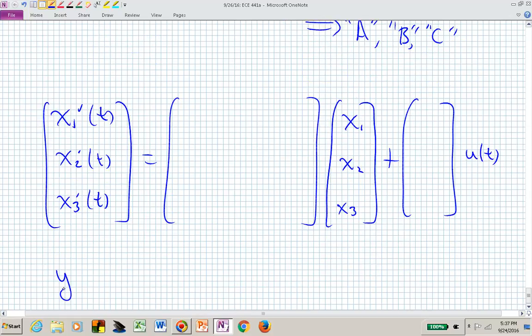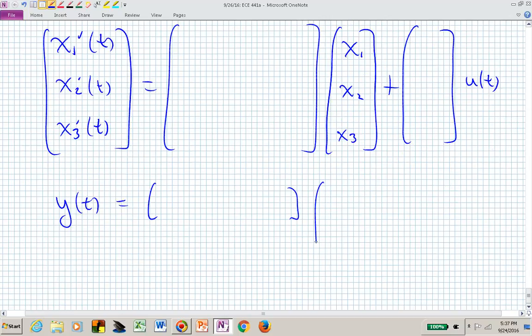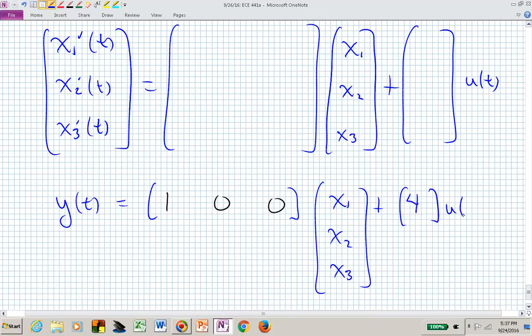And now we have our output y of t, which will be a little different. It's going to be x1, x2, x3 times 1, 0, 0, plus our direct feed-through matrix 4 times u of t.